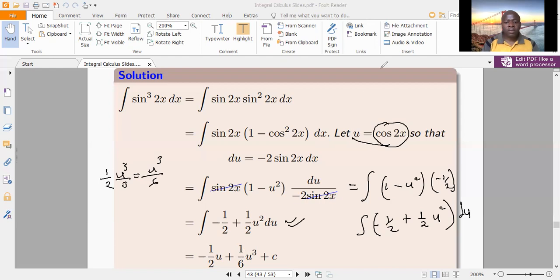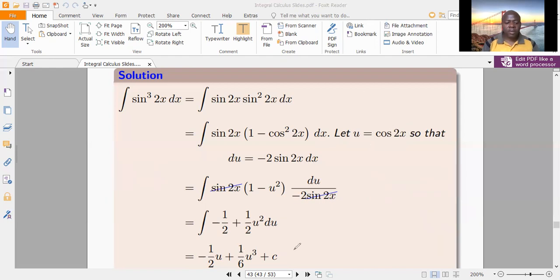What we get will be negative a half cos 2x, then plus 1 over 6 cos 2x cubed, plus the constant of integration.